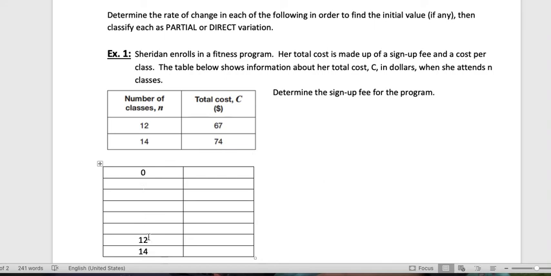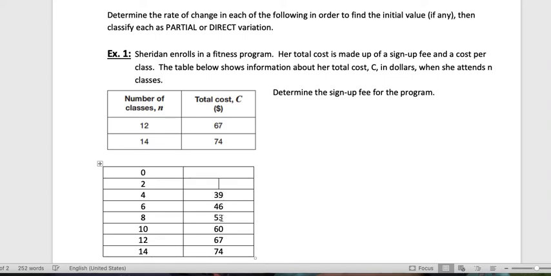We see here that our table goes up by 2, so we're going to go up by 2 as well, just to mimic what's happening in the table. What would it be if we went back up to where x is equal to 0? We know that y increases by 7, so we need to take away 7 from each number prior to see where we end up, because we know it's a linear relation.